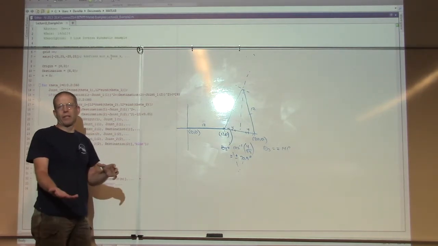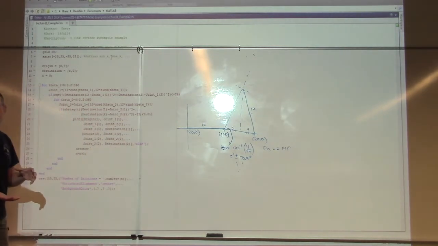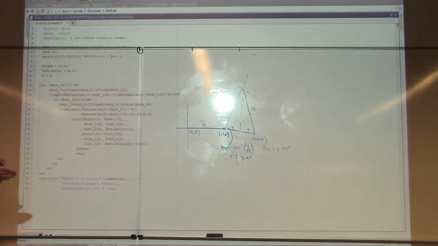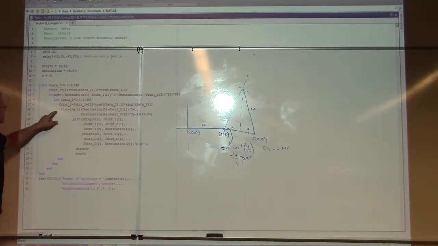Well, that's the sum of the next 2 lengths, right? If it's within the maximum reach of the next 2 lengths, then I know that I can possibly get there. So once I do that, then I'm going to go through and increment theta 2 from 0 to 360 degrees.